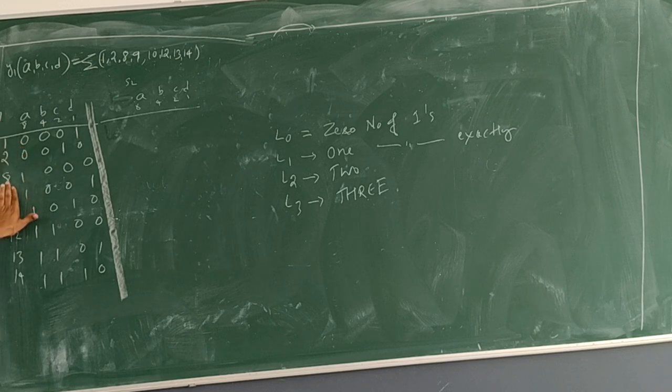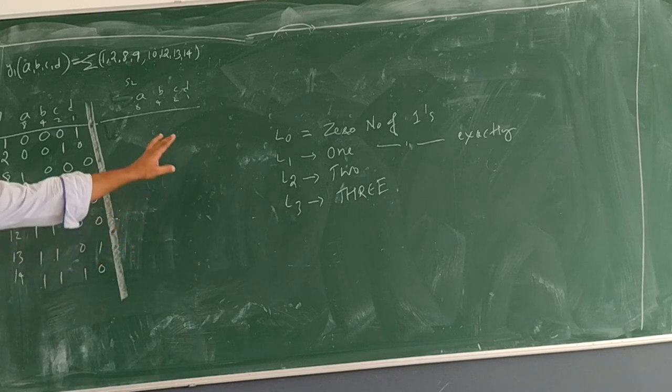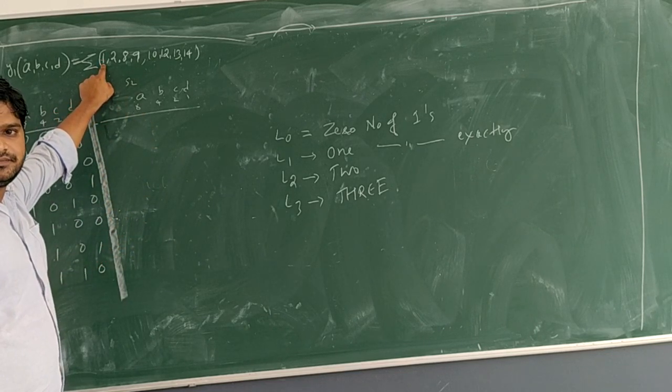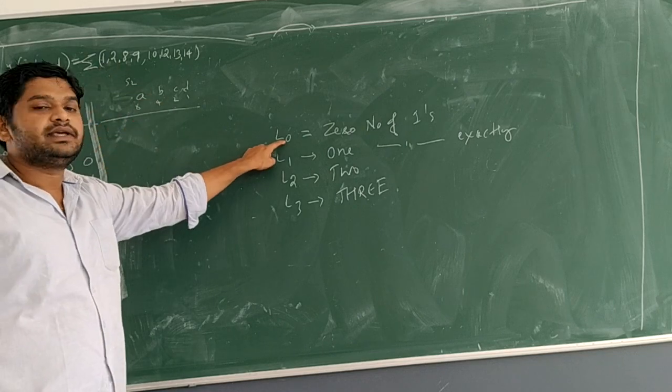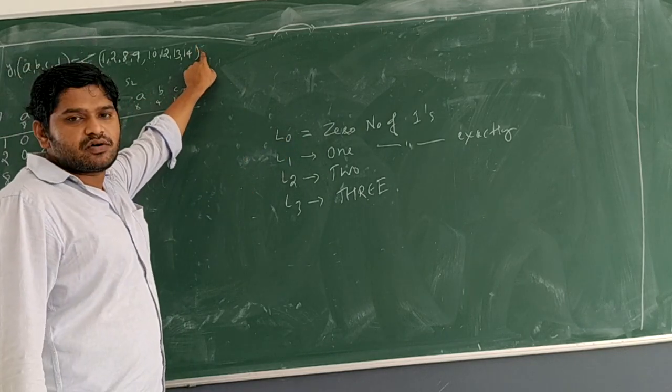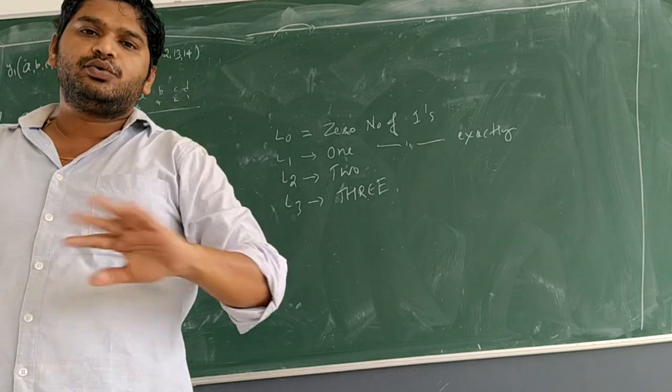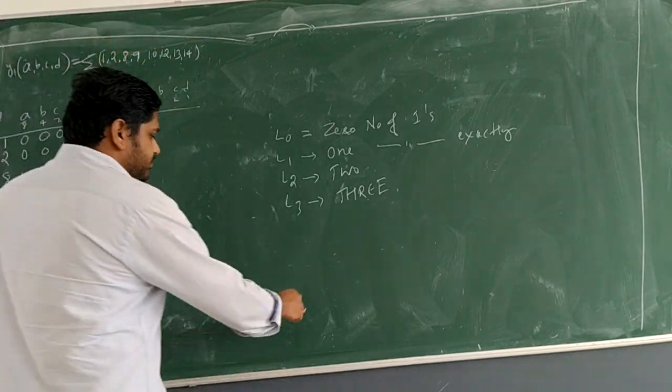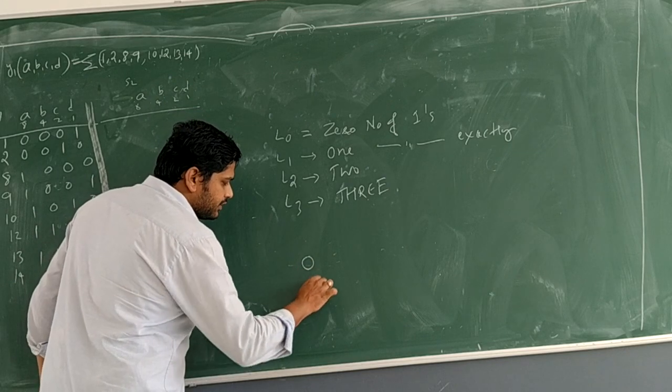Remember one thing: if 0 is not given here, L0 will not exist. If 15 is not given, L4 will not exist. How do we write 0 and 15?